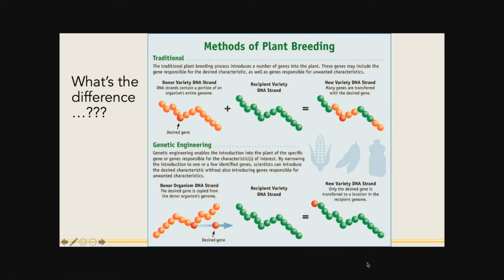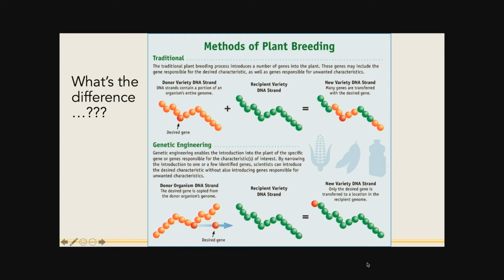If we want to go into this definition, traditional usually means that we're taking 2 genomes, combining them together, and hoping for a good outcome. We have no control over what genes get changed, and we have no control over the outcome. We are letting the genetic process of reproduction basically throw the dice, and we hope for a great outcome.